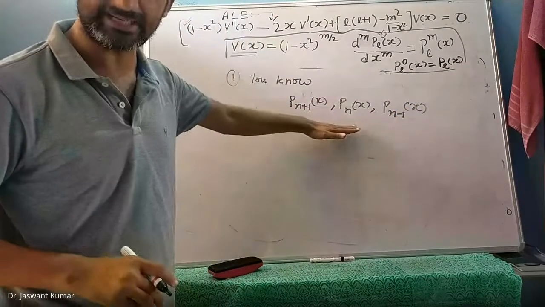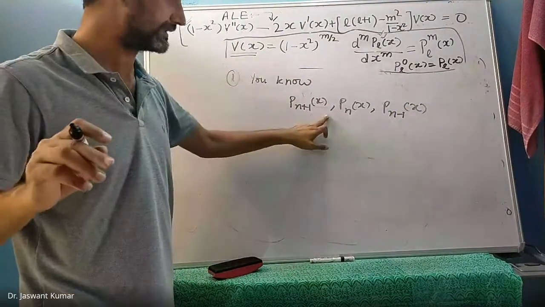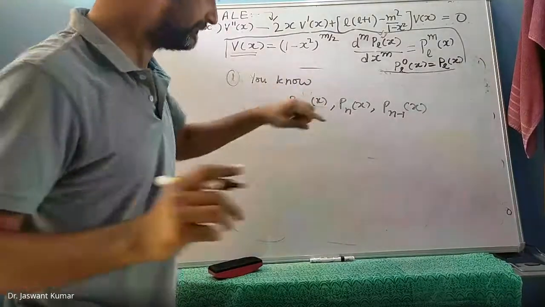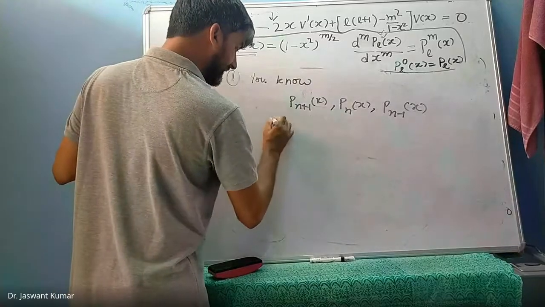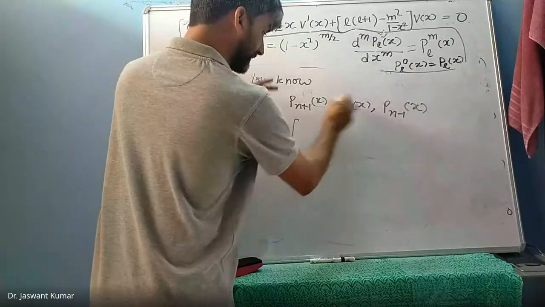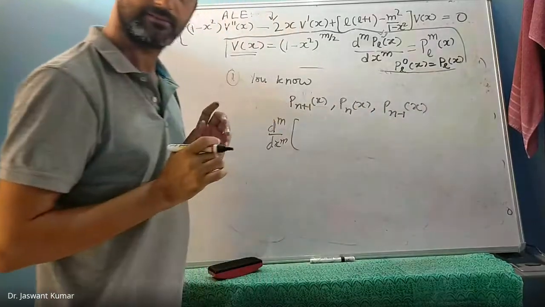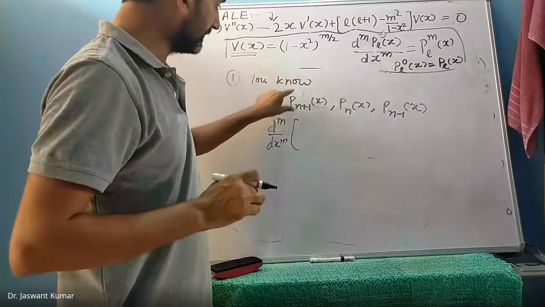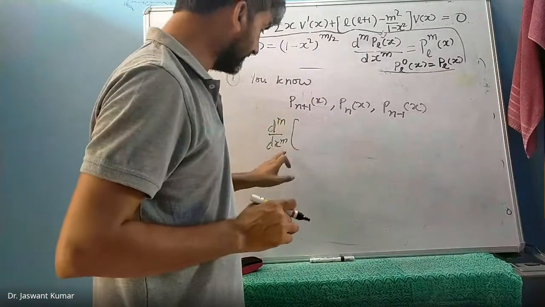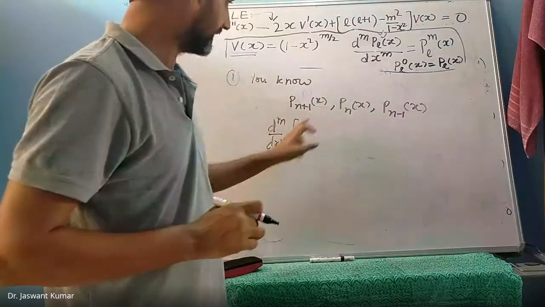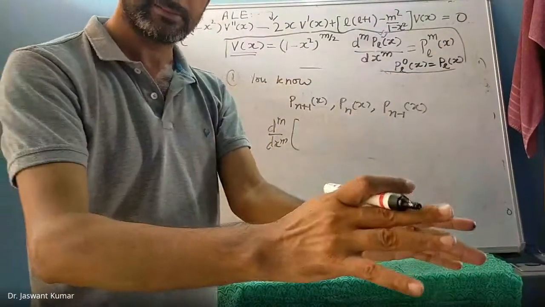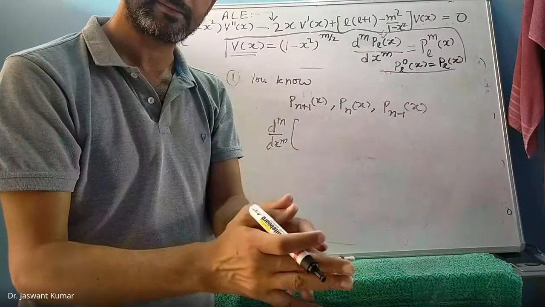This you already know, right? I do not need to tell you this at this stage. If now you take a dm by dxm of all of these, of this particular relation that you had, then one of the terms will be dm by dxm of Pn plus 1 x, another will be dm by dxm of Pn x, another will be dm by dxm of Pn minus 1 x.